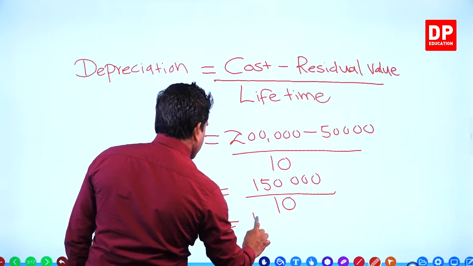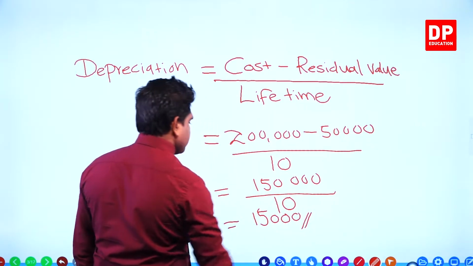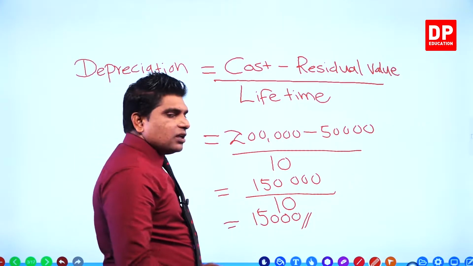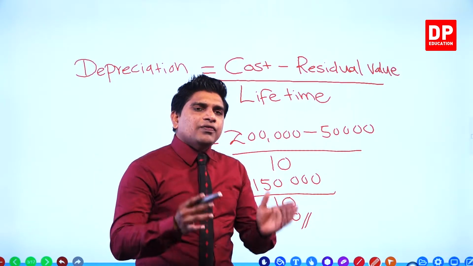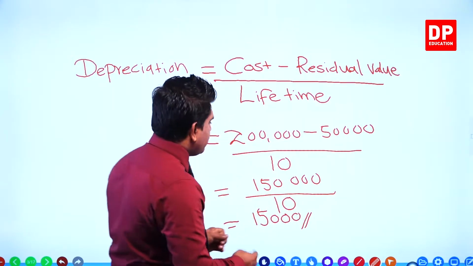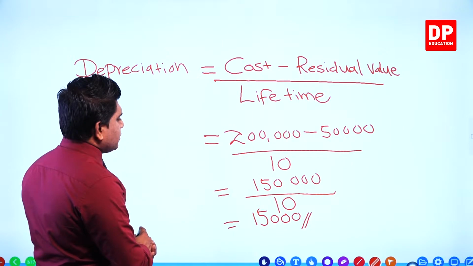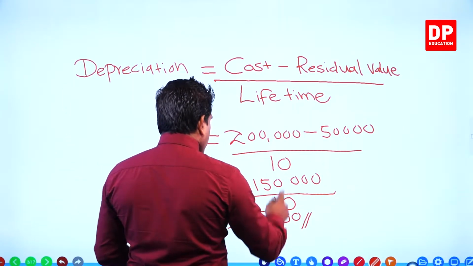Then 15,000 is the depreciation amount for a year. Right? 15,000 into 10 times. Then how much? Total 150,000. That is the method. Now the next one.